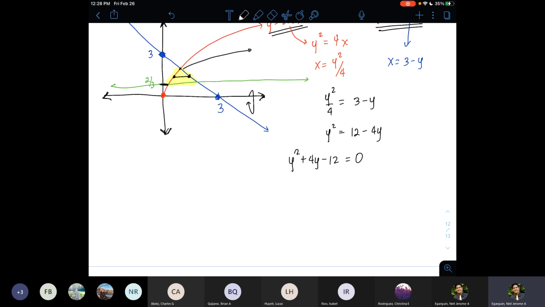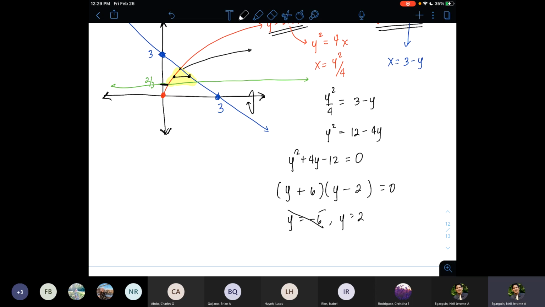Can we factor this? I think we can. We'll have y times, let's try 6 and 2, a positive here and a negative here. Negative 12, 6 minus 2, yes. So the points of intersection happen at y equals negative 6 and y equals 2.